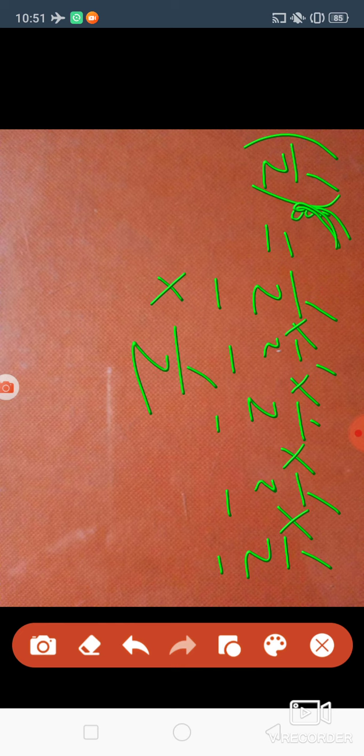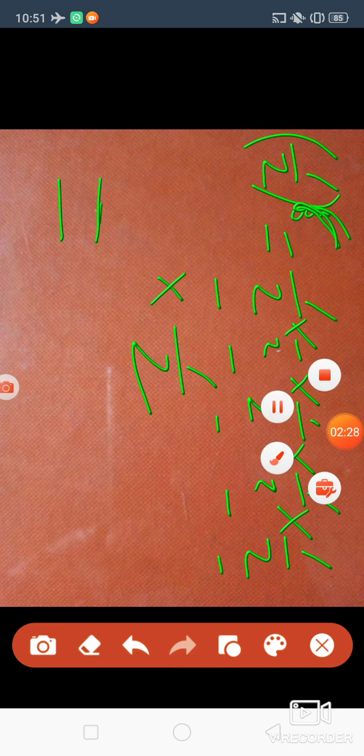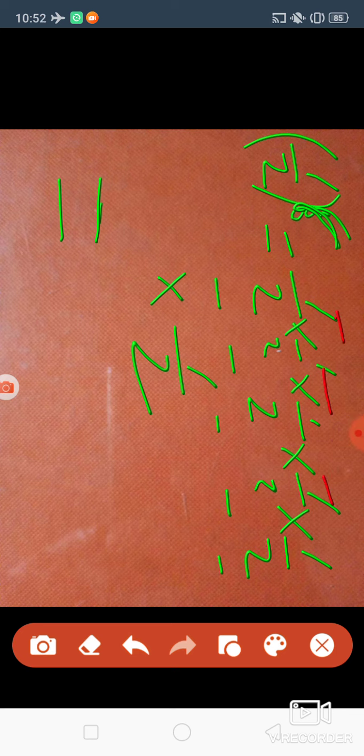1/2. Okay. Now we'll multiply all the numerators and all the denominators. Now all the numerators we have to multiply. 1 into 1, 1 only. Into 1, 1, into 1, 1, into 1, 1. So finally what we'll get? 1. Now in the denominator, all the denominators we have to multiply.